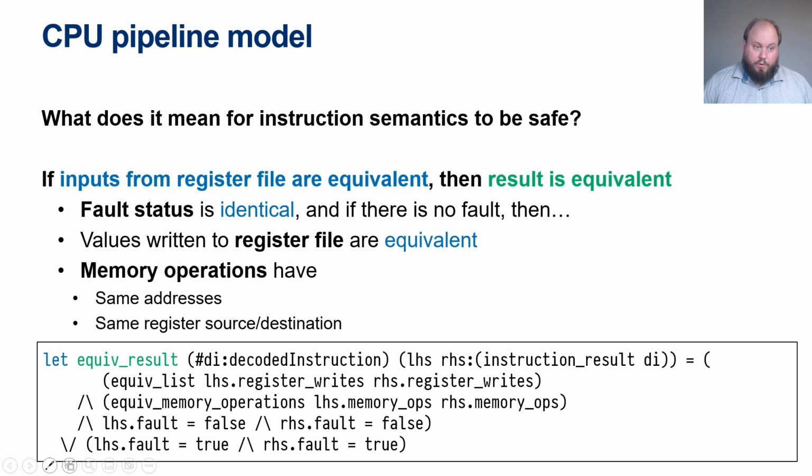So the memory operations need to have the same addresses, and then they need to have the same source and destination registers, for reasons that I hope are fairly obvious. And you can see down here below what this looks like in code. I won't go through it in detail because that might be a bit tedious.